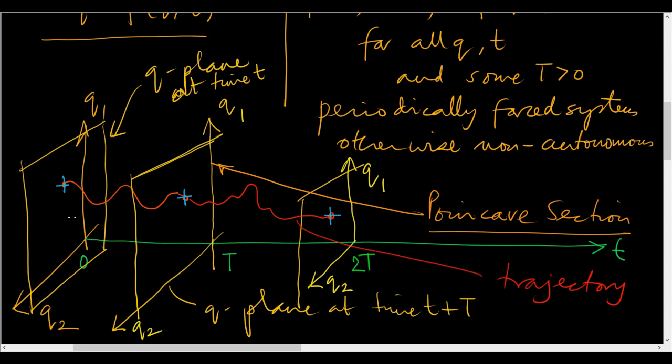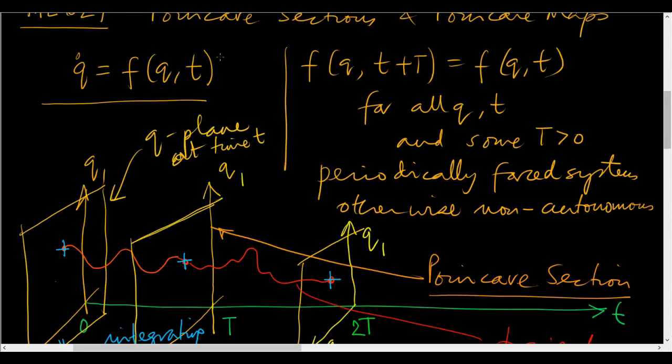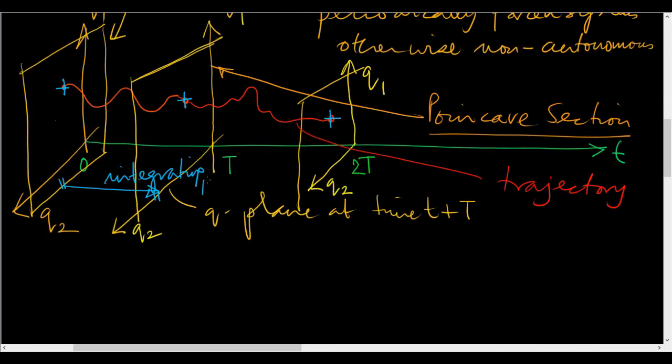From this plane to this plane, we go forward by integrating what? Integrating this governing equation. Okay, so now let me say that this point here is Q, and I will put a bracket here to indicate 0, so that is the initial condition.